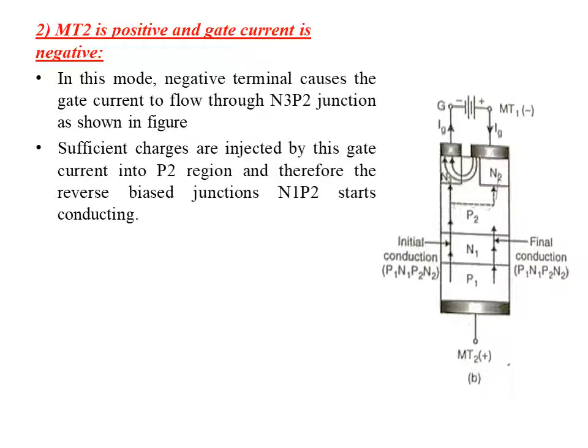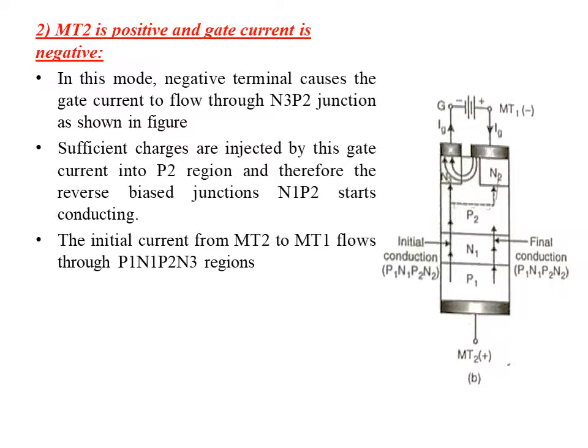Sufficient charges are injected by this current into the P2 region and therefore the reverse-biased junction N1 P2 starts to conduct. Thus, the initial current from MT2 to MT1 flows through the P1, N1, P2, N3 regions.